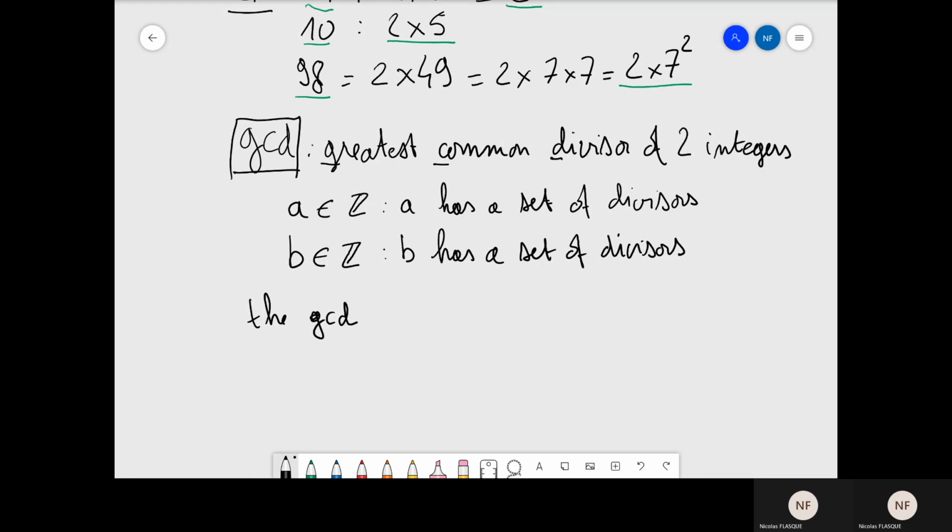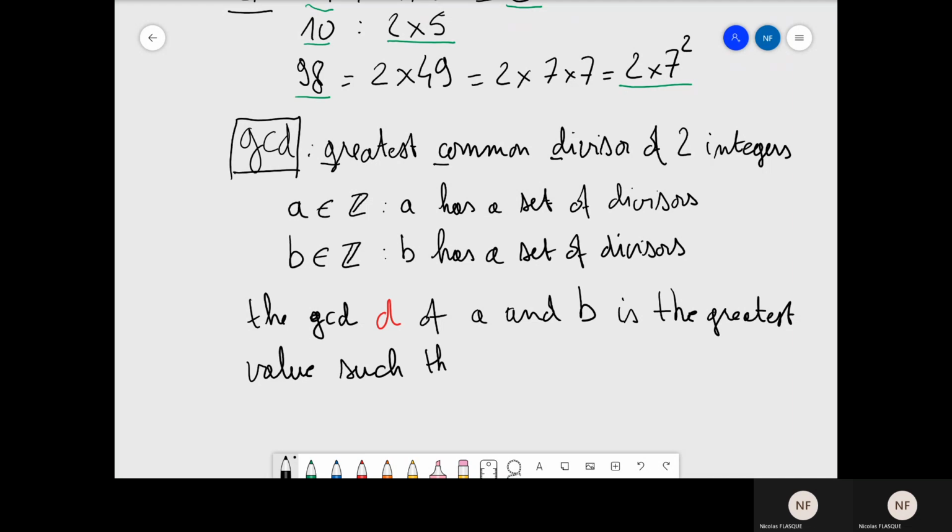It's the greatest common divisor. So the GCD D of A and B is the greatest value such that D is a divisor of A and D is also a divisor of B. I think that's quite easy to understand.